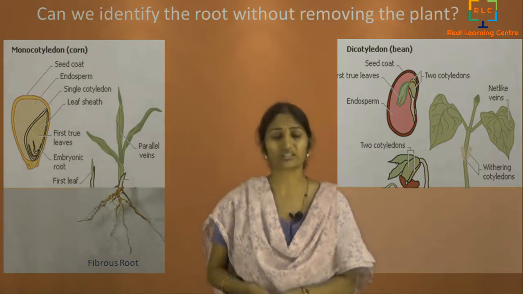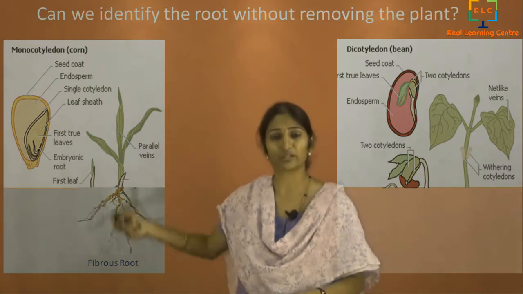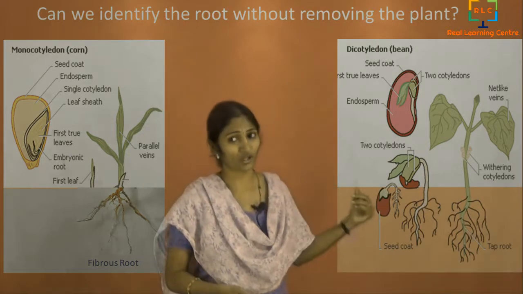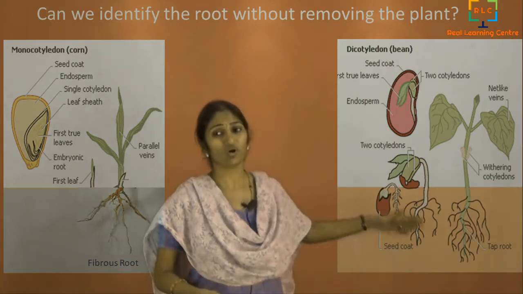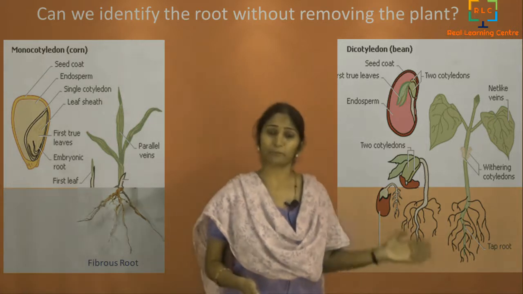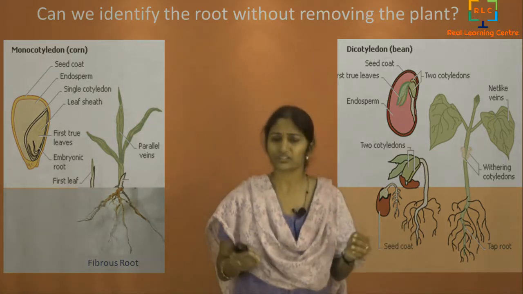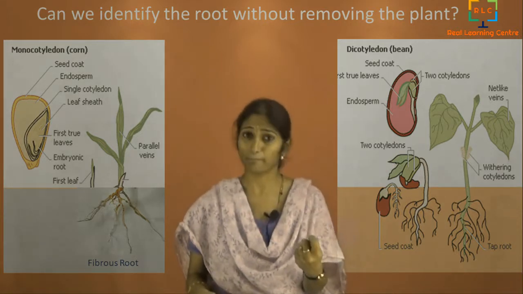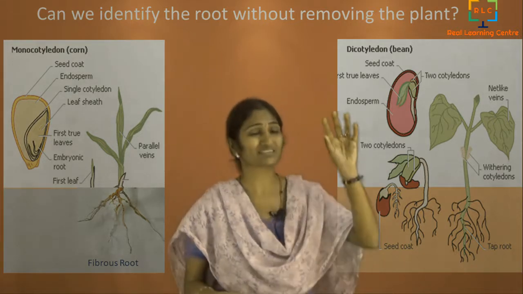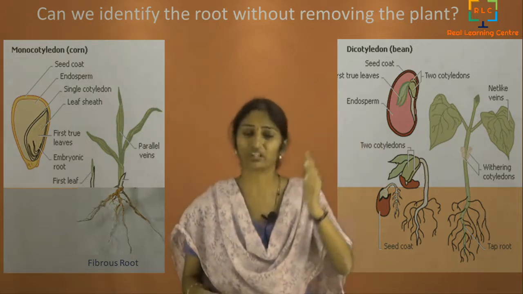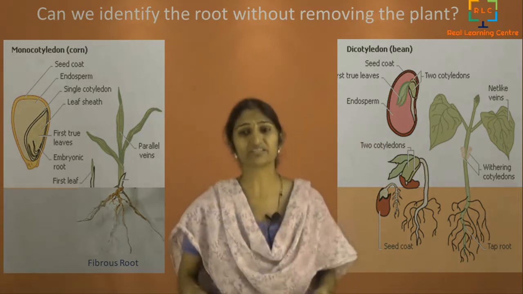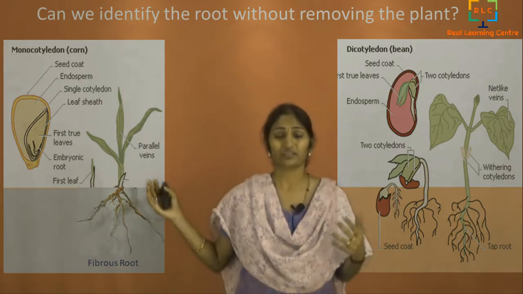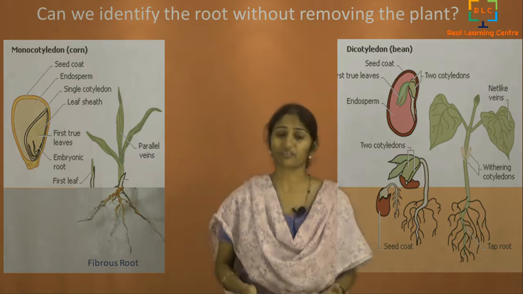All monocots will have the fibrous root, and any dicot will always have the taproot. So it's not always necessary to pluck the plant and see the root. We can just look at the seed, the venation, and the flowers, and very easily tell what kind of roots can be present in the different types of plants that we see around.